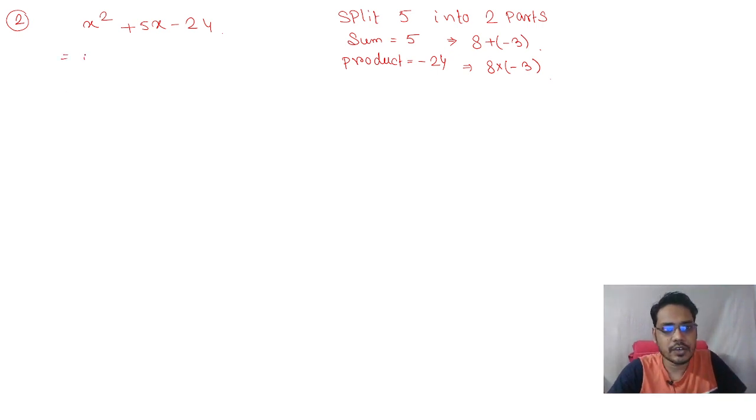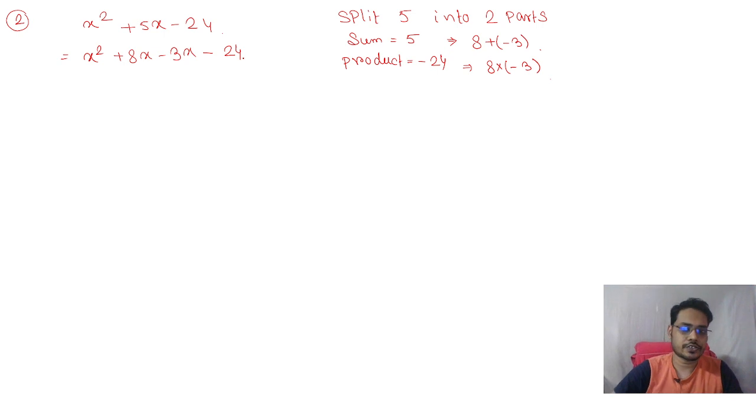So instead of 5x we will write 8x minus 3x, because 8x minus 3x gives you 5x. Understood? So the two parts are 8 and minus 3. Now check: sum of 8 and minus 3 is 5, product of 8 and minus 3 is minus 24.